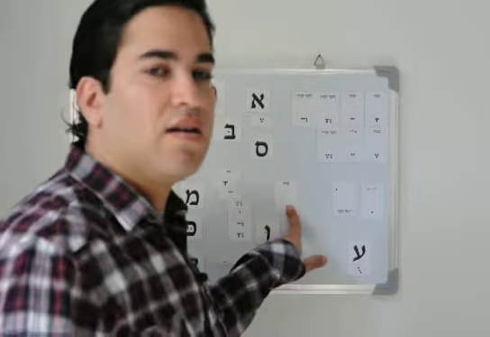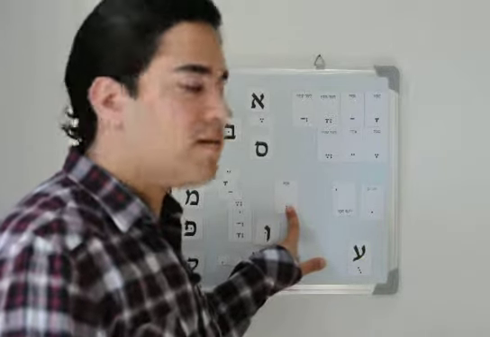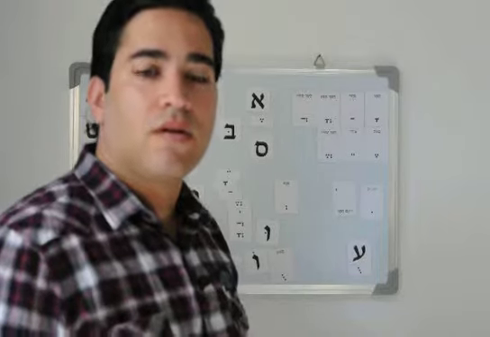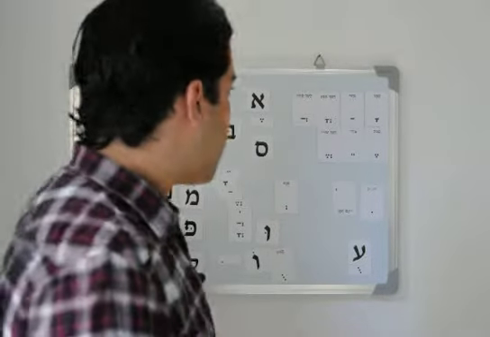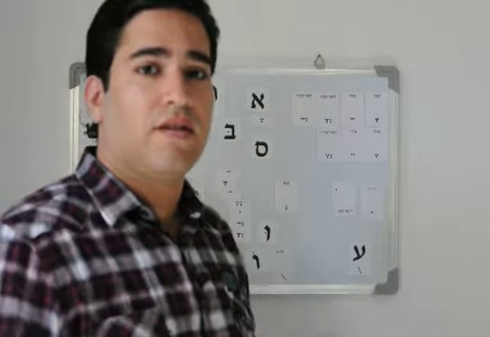And Shva, that sounds B, G, D, H, V, Z, Ch. Like this. And the last one is Kubutz and Shuruk, sounds U. So actually we finish this explanation about the Nikud.